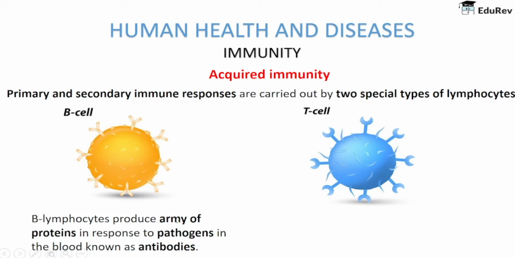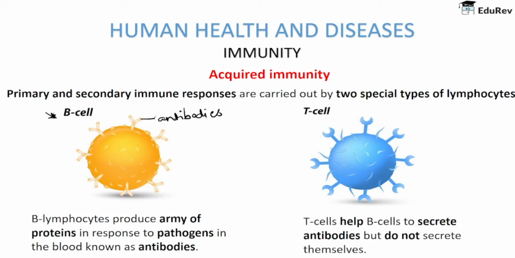These protective proteins produced by the B cells are known as the antibodies. But on the other hand, the T lymphocytes help the B cells to secrete these antibodies, which they do not secrete themselves.